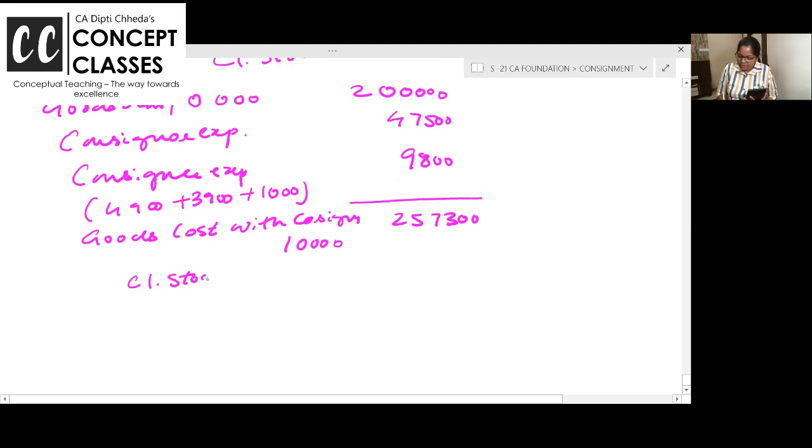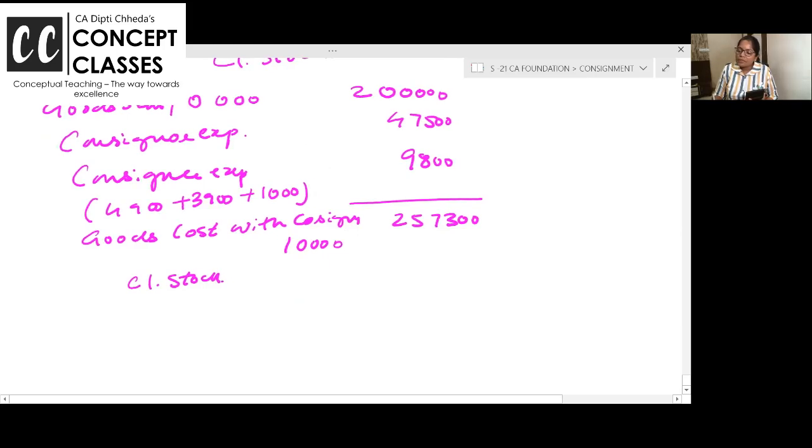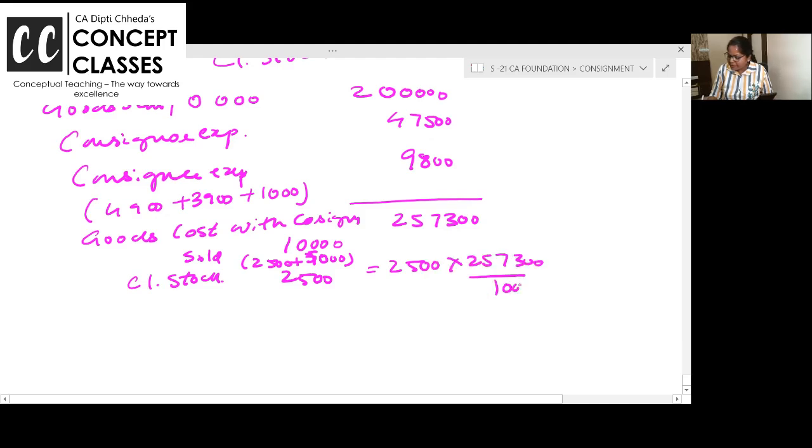What is the closing stock? 2,500 plus 5,000 units are sold. 7,500 units are sold. So 2,500 is in closing stock. 257,300 divided by 10,000. 10,000 units का cost इतना, 2,500 का कितना?